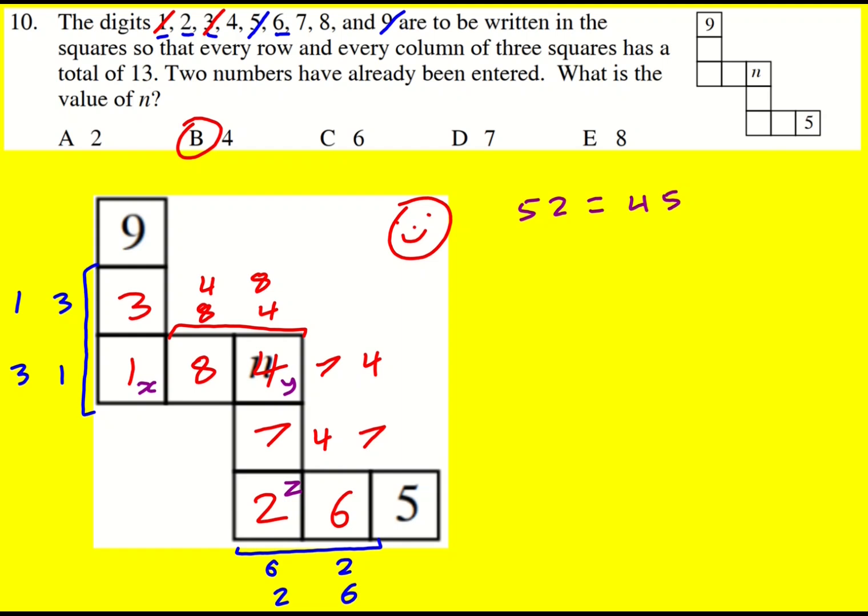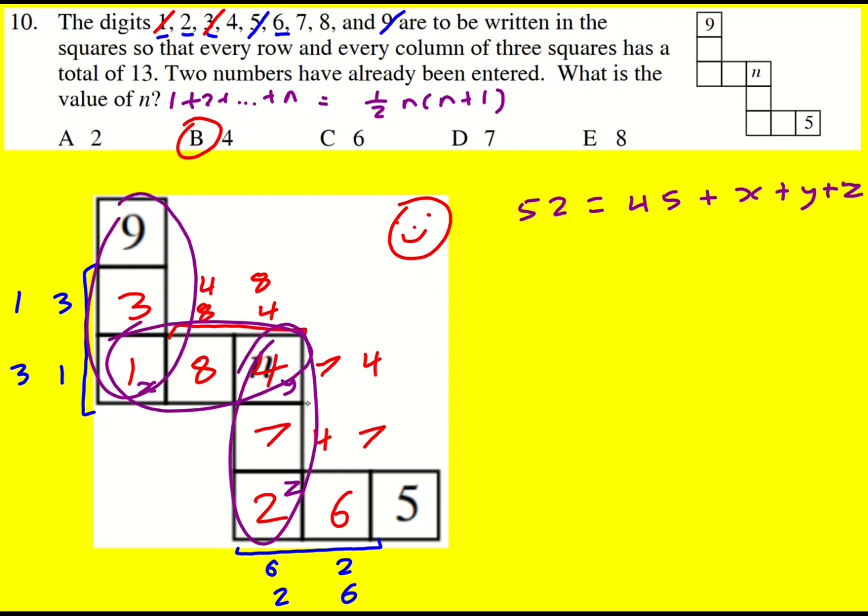Or we could use a half n times n plus 1, which is worth knowing: when you're adding up the first n whole numbers, it's a half n times n plus 1, so it's a half times 9 times 10, which again gives 45. Then I'm including this x plus y plus z, because I'm double counting them. So I've basically done this plus this plus this plus this.